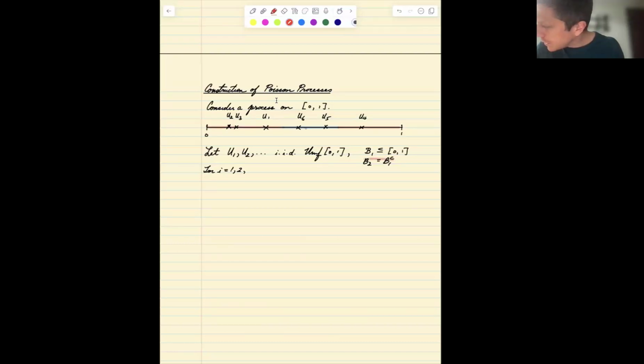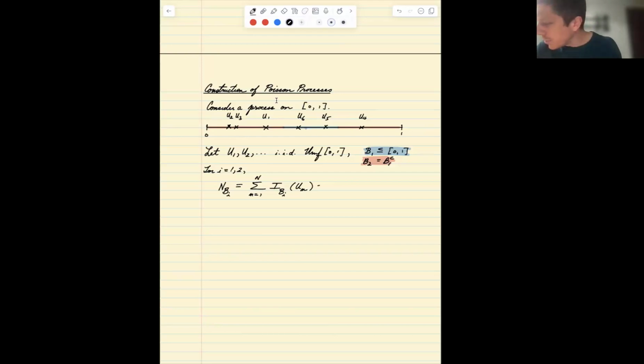So B2 is here, red. B1 is blue. And we're going to define N sub Bi, for each of those two i's, to be the number of the first capital N uniforms that fall within B sub i.